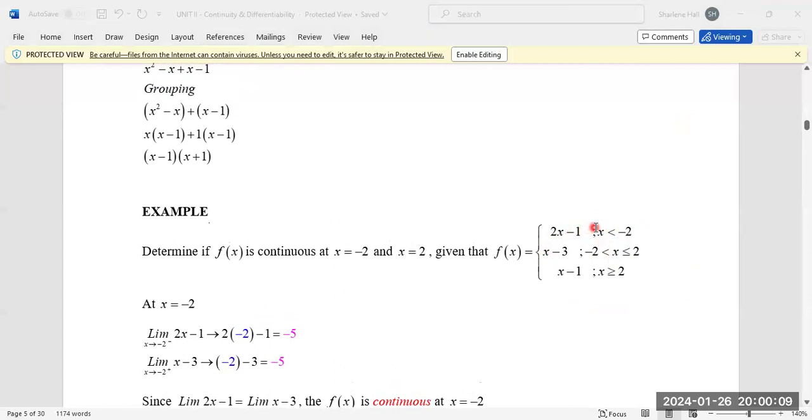Think back at a number line. And I want you to think of 0 on that number line. When you think of 0 on that number line, the values to the left of that 0, are they greater than or less than 0?